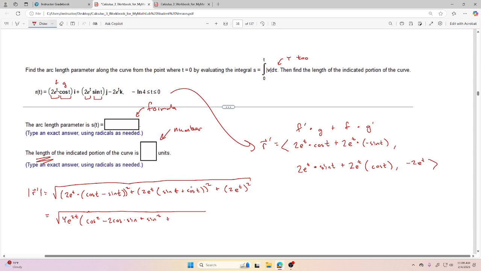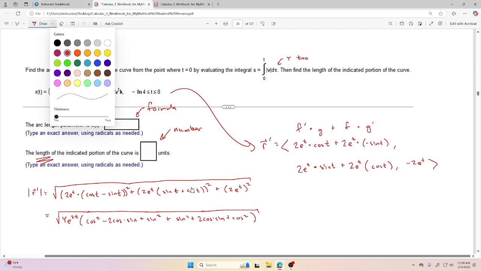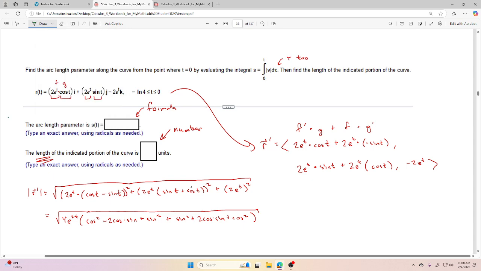And then this guy, similarly, sine squared, 2 cosine sine, and then cosine squared. I don't want to have too many colors going on, but this group went here, here, and here. This group went here, here, and there.